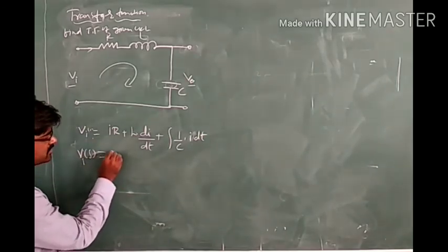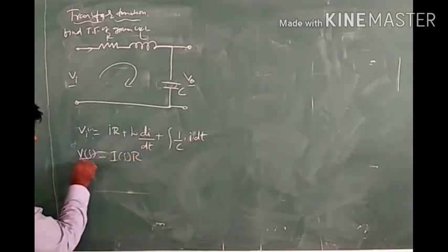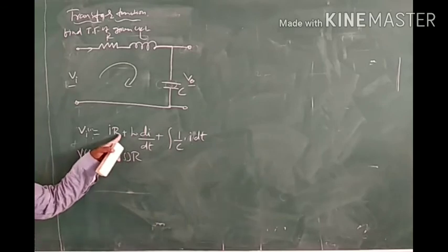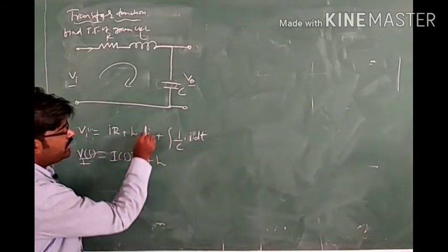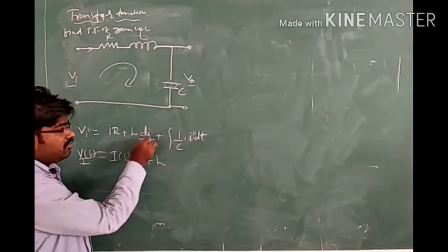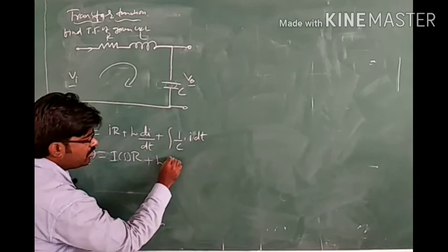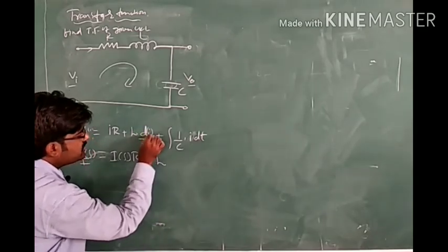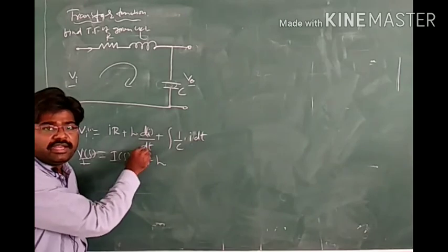I into R means I of S into R, then plus L into di by dt. What is the Laplace transformation of I of t? First you write d by dt of I. What is the Laplace transform of d by dt?